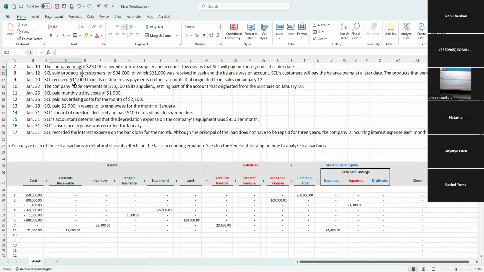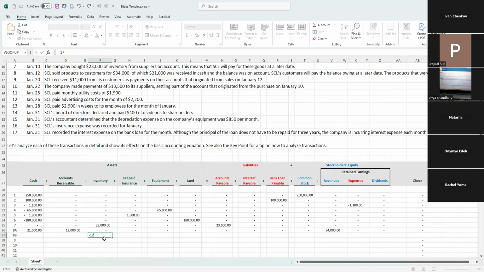Definitely there will be expenses. The question is from where did we get it? From the inventory. So if we sell those, do we have them in our inventory? No. Do we have to reduce our inventory? Absolutely. Minus $17,000.